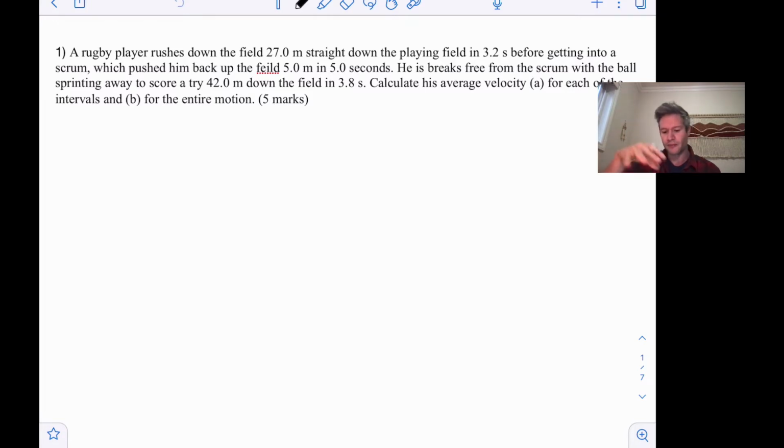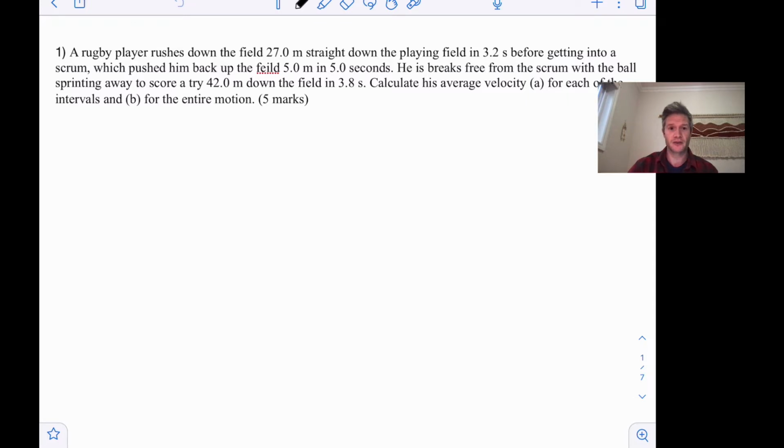And that scrum, it moves, so it pushed him back up the field 5 meters over 5 seconds. He breaks free from the scrum, and then with the ball sprints away and scores a try, which is like scoring points, 42 meters down the field in 3.8 seconds.